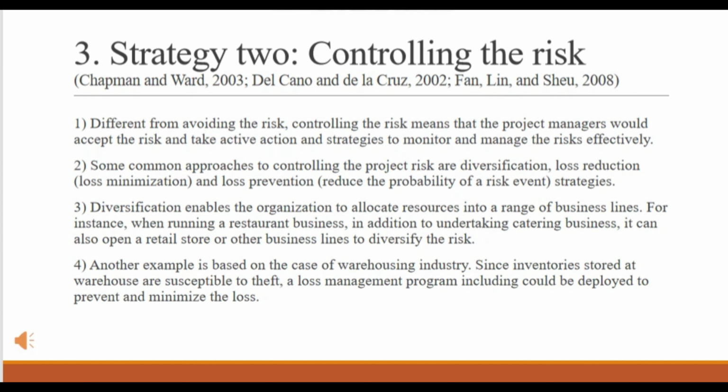Another example is based on the case of the warehousing industry. Since inventories stored at a warehouse are susceptible to theft, a loss management program, including video cameras, secured storage equipment, and security guards, can be deployed to prevent and minimize the loss.